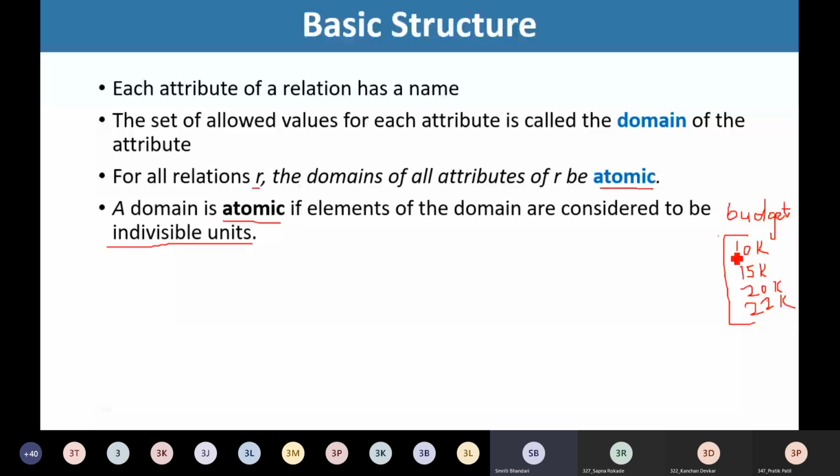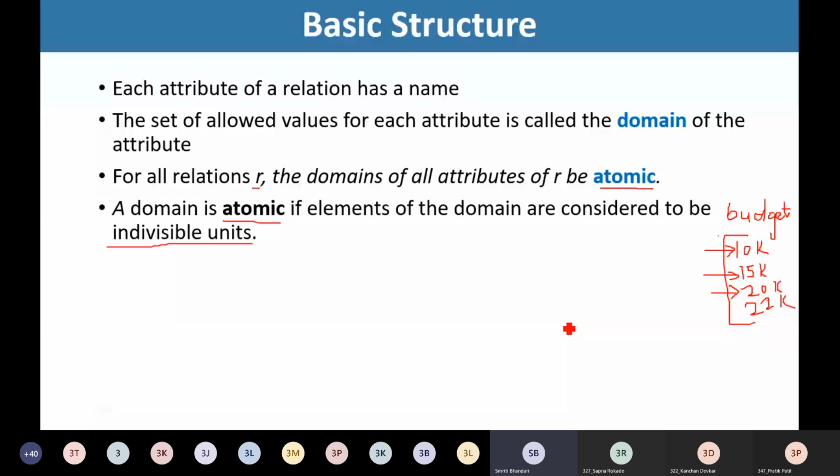Whatever elements or values are in this domain, none of these values can be divided into subparts. These are indivisible units. 10,000 is a whole figure. I am not able to partition this figure 10,000.